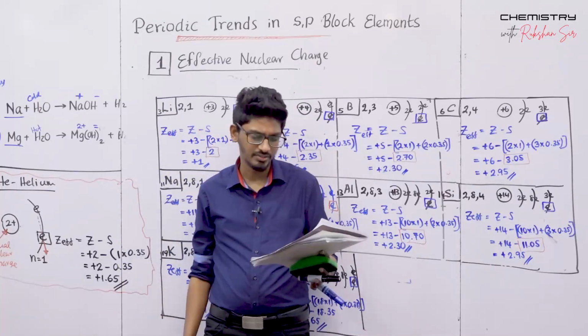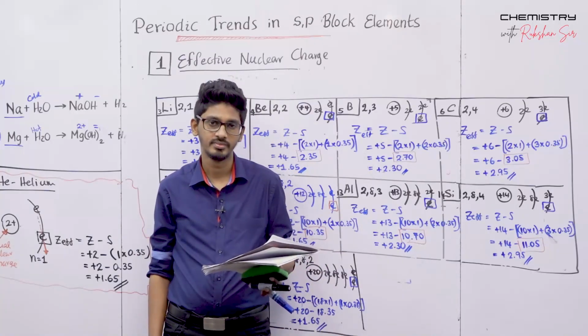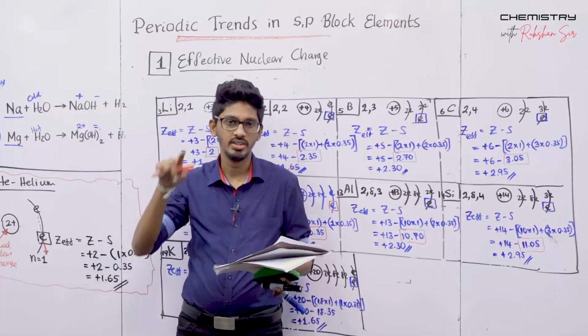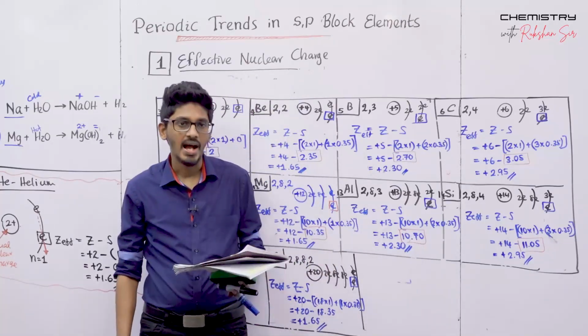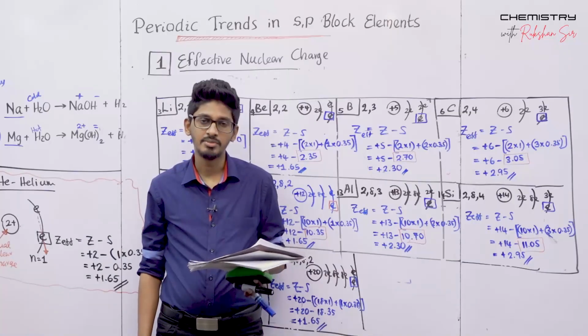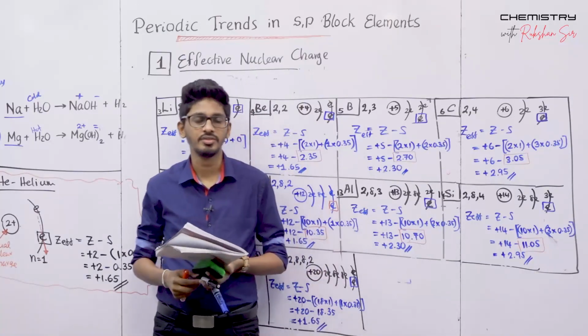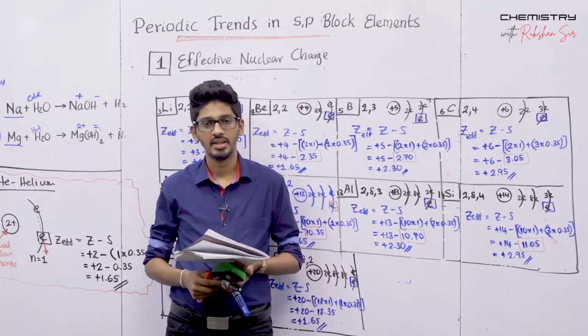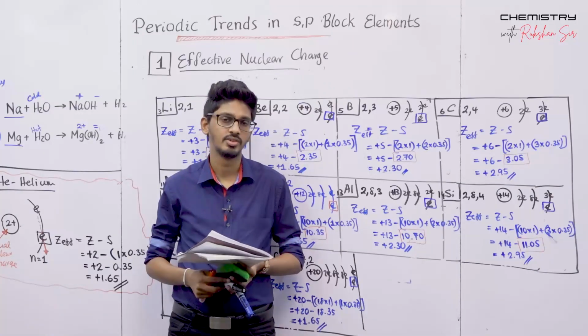Let's write that. The S, the shielding effect, in red color, slightly increase. Within brackets you can write the reason: as number of same shell electrons increase.